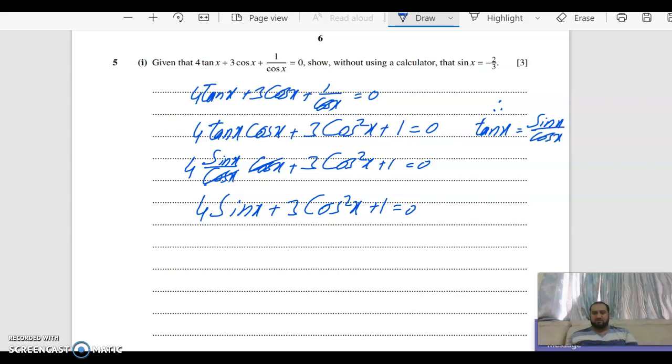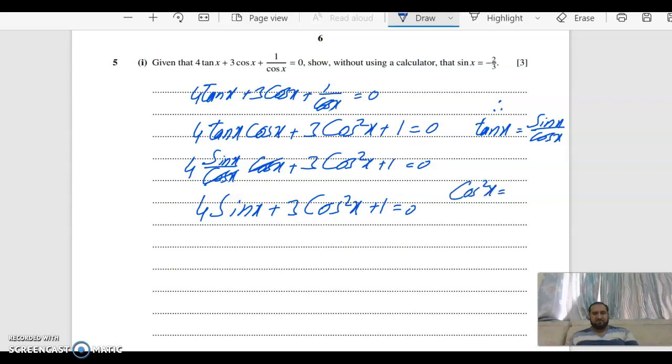Now we can see our equation has sine and cos together. So we have to convert this into one of them, either cos or sine, but it's easy to convert this into sine because of the basic identity.